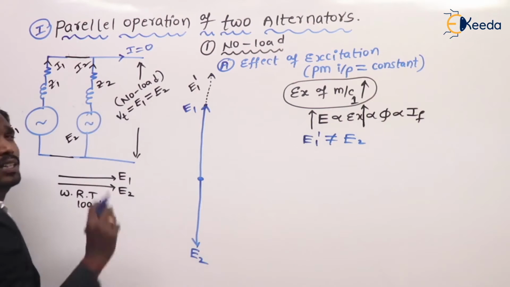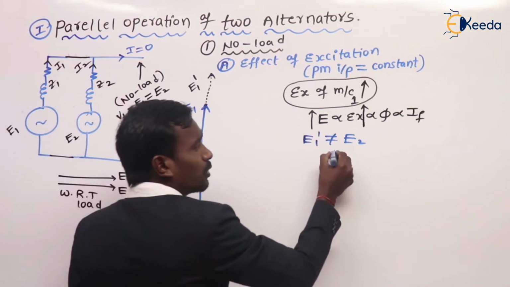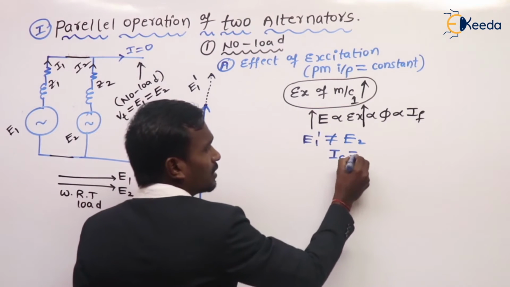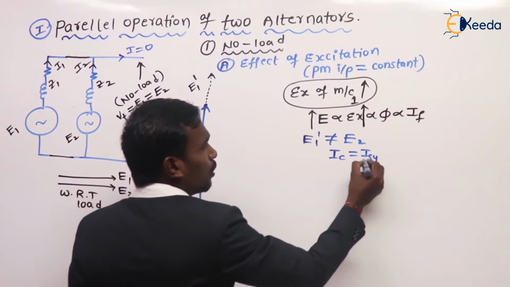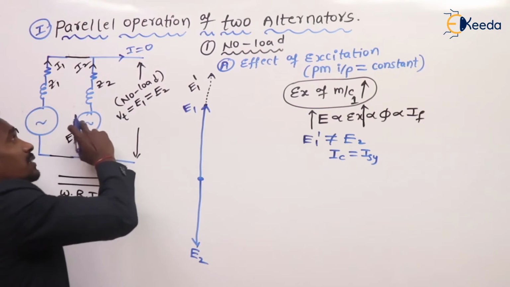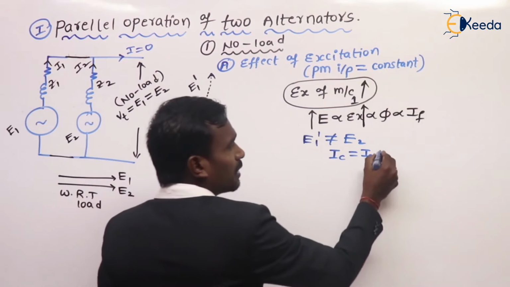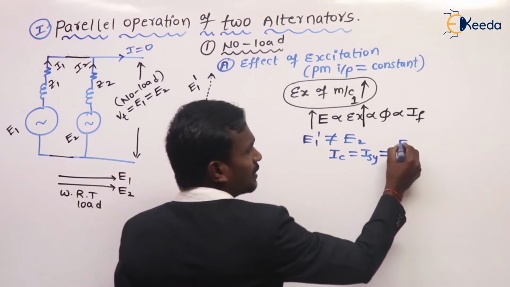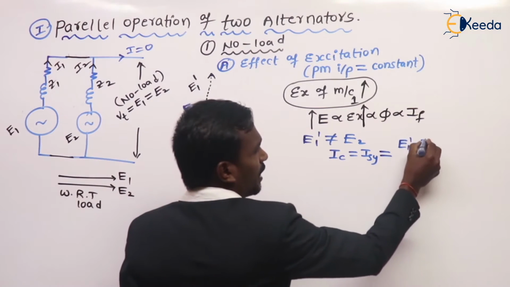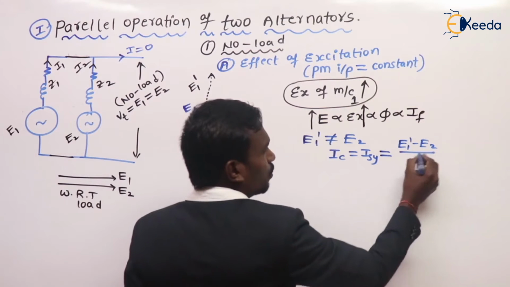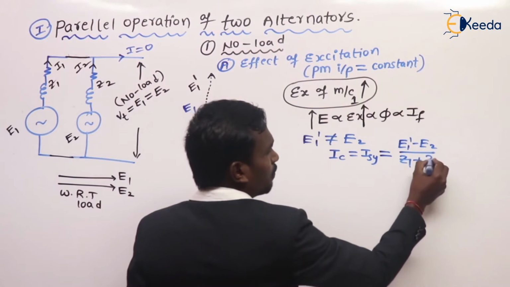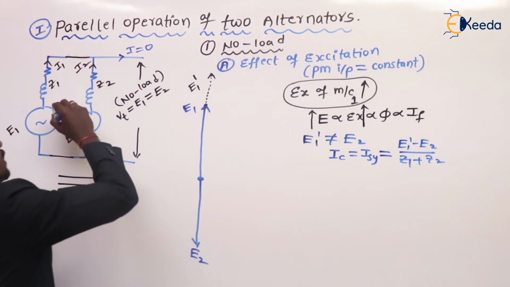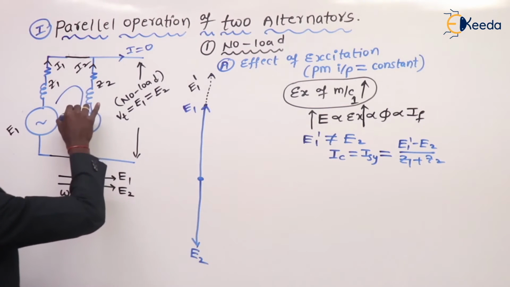When these two are not equal, what happens? Circulating currents or synchronizing currents will flow. What is the value of the synchronizing current? It is E1 dash minus E2 upon Z1 plus Z2.